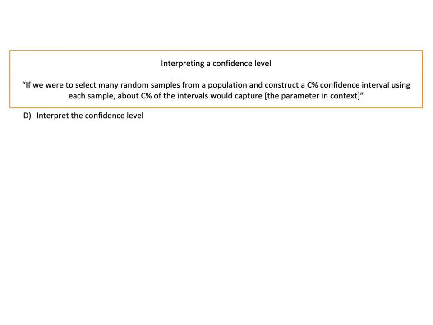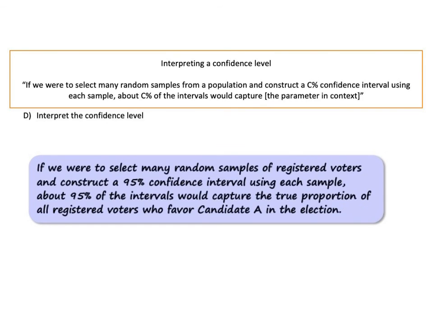So in this particular one, I'm stating that if we were to select many random samples of registered voters, so you don't just do it one time, and construct a 95% confidence interval using each of these samples, about 95% of our intervals would capture the true proportion of all registered voters who favor candidate A in the election.